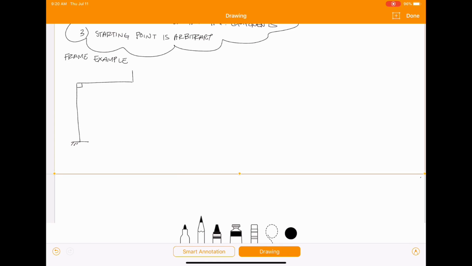It's going to be fixed into the ground, with moment connections at each of these 90-degree angles. And let's stick a point load here of 10 pounds. And let's stick a rectangular distributed load up on the top here.